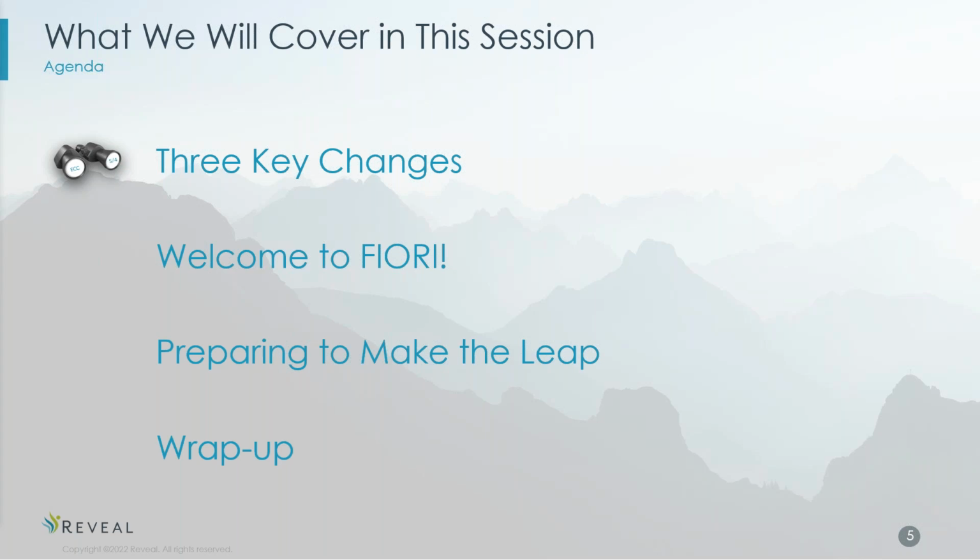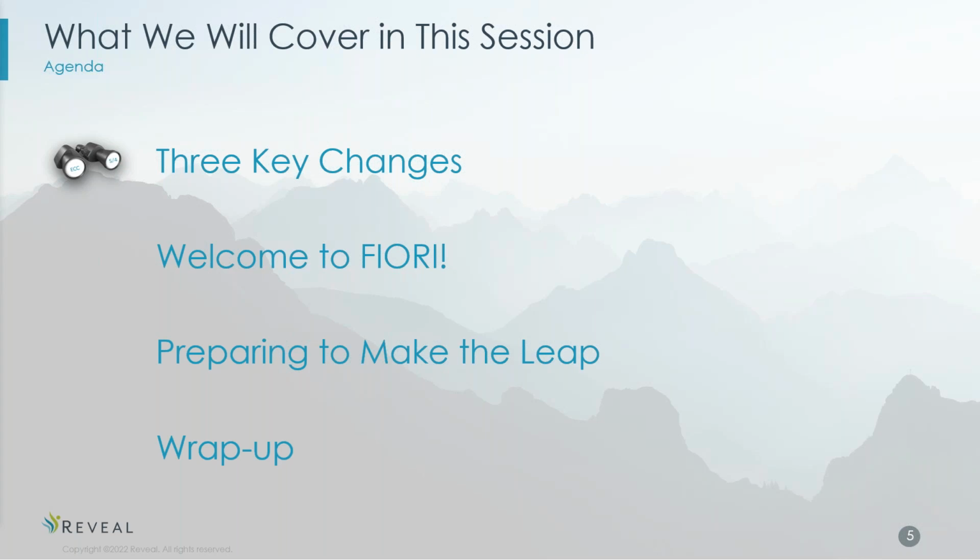Where we're going to start today is we're going to discuss 3 key changes that are coming our way, as it relates to supply and demand planning. Then we're going to talk a little bit about what the new Fiori workspace is going to offer to us.